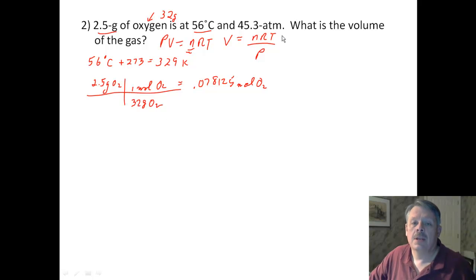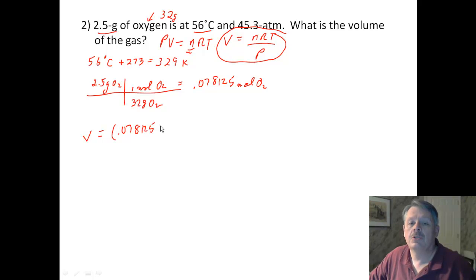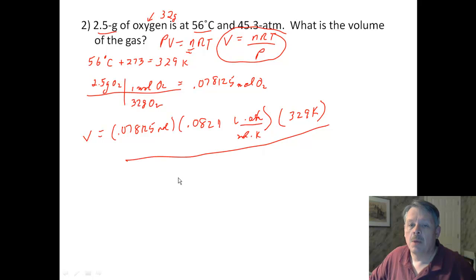Now we can actually use our PV equals nRT formula and solve for volume, which is equal to the number of moles, 0.078125 moles. Now we have to multiply that by R, which is 0.0821 liters atmospheres per mole Kelvin. We multiply by our Kelvin temperature, which is 329 Kelvin, and divide by pressure, 45.3 atmospheres.